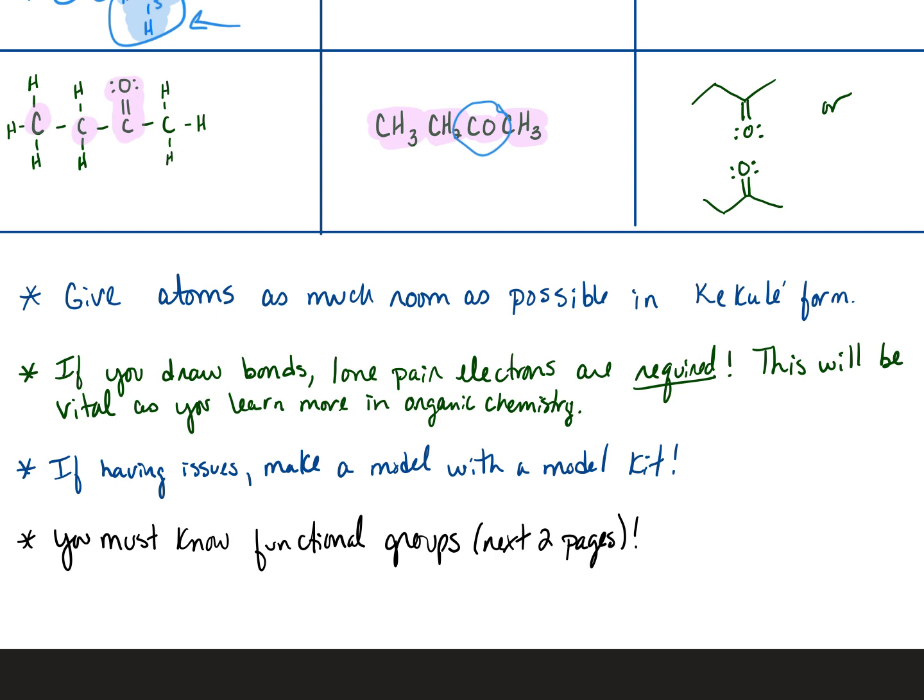Now again, it doesn't matter if you draw that C-double-O bond going downwards or upwards. Either one is completely fine. But you do need to have those lone pair of electrons in there. Okay? Great. Doing great.